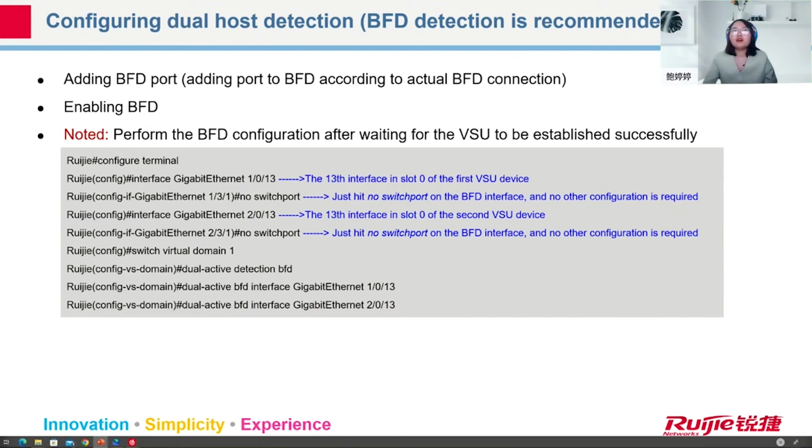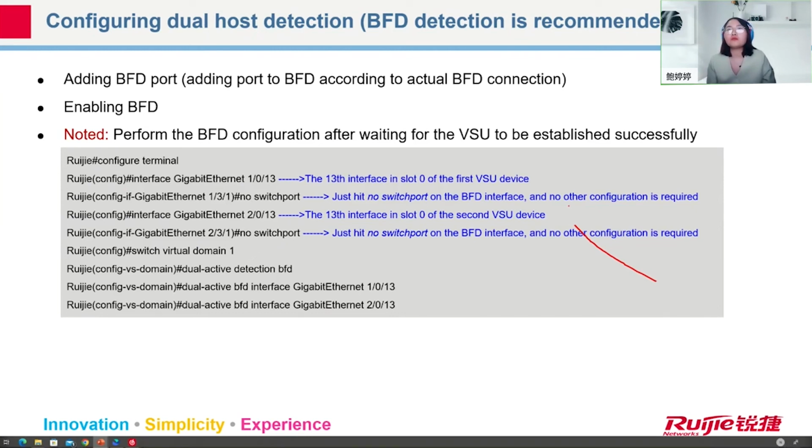Enter global mode and enter the interface. You have to make the interface become a layer 3 port. And the key configuration is no switchport. By default, this interface is layer 2.